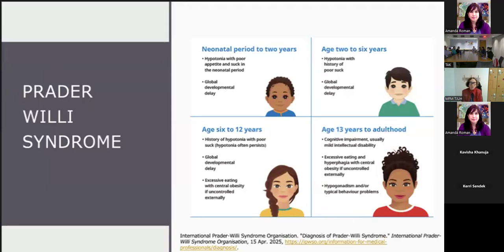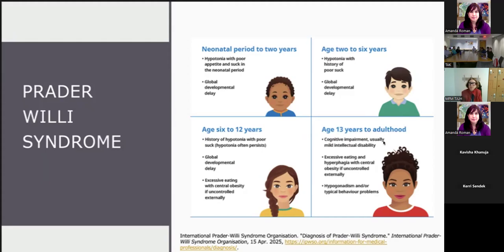Prader-Willi syndrome is characterized by severe hypotonia, poor appetite, and feeding difficulties in early infancy, which we can see described right here. This is followed in early childhood by excessive eating and eventual gradual development of morbid obesity unless food intake is strictly controlled.